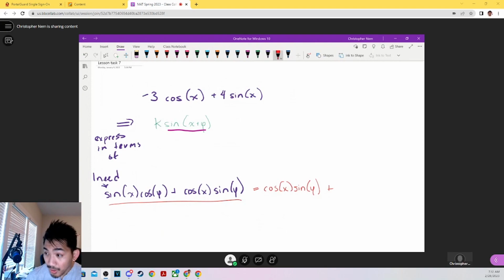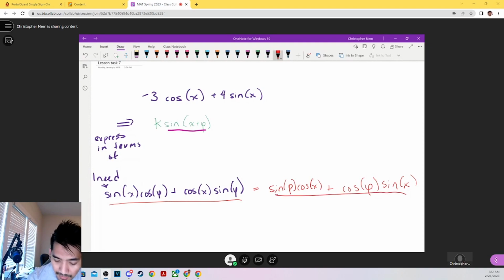As long as I keep the terms together, it should be fine. So I have this. Let me rearrange this piece too. Let's put sine phi first, then cosine x. I put this in this order so we can see the relationship. So I need this piece right here.